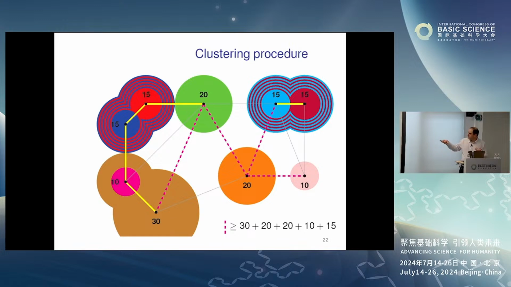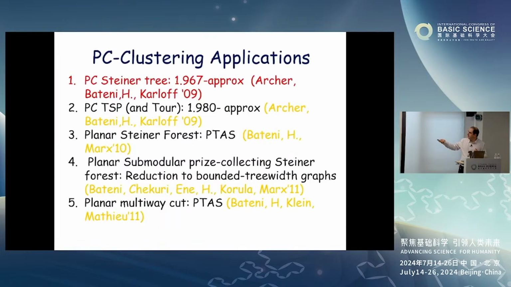you can say, for example, if you do that, then it's later than, I think, FOCS 2009. Using that, we could get for price collecting Steiner tree, and we could go below 2. But then we could do planar Steiner forest.